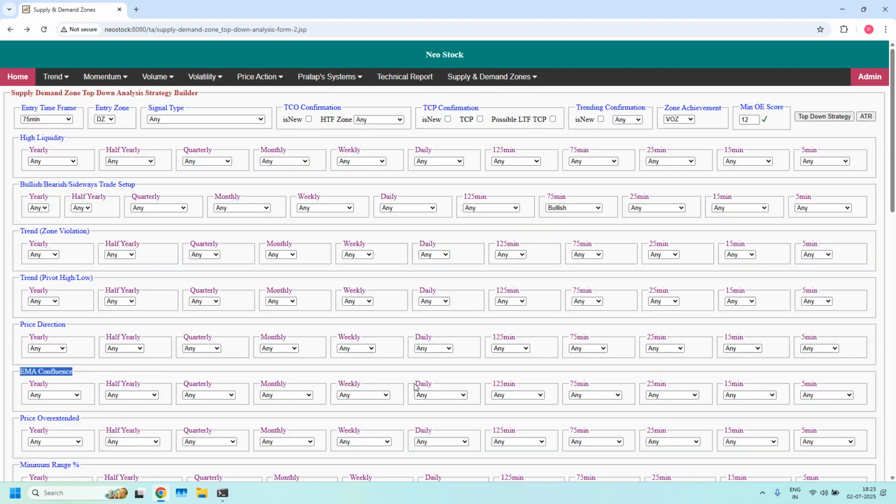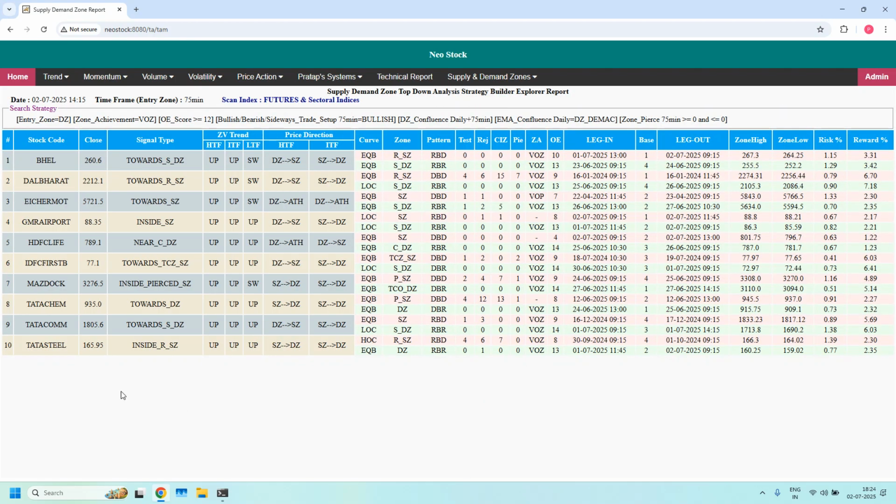EMA confluence, daily time frame. I am checking daily demand zone having daily EMA because daily trend is uptrend in all the stocks. So we got 10 stocks. So these 10 daily demand zones might be having more high probability to get success, provided lesson 20 checklist items are satisfied.